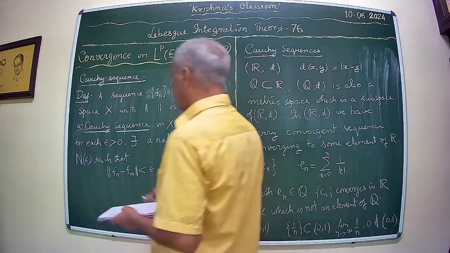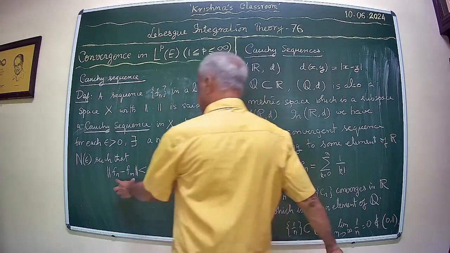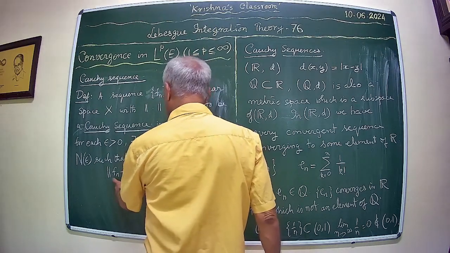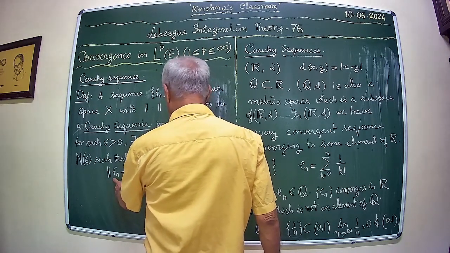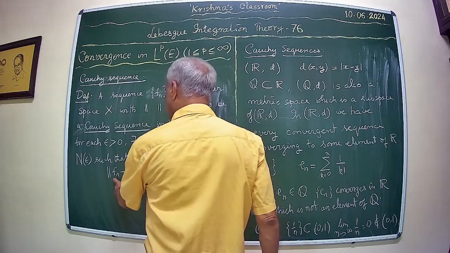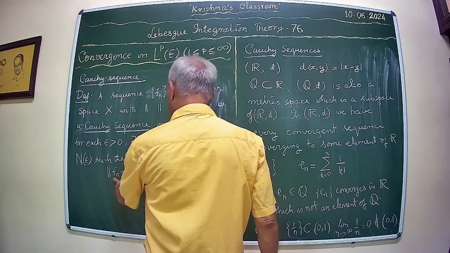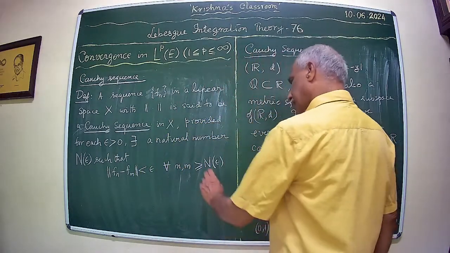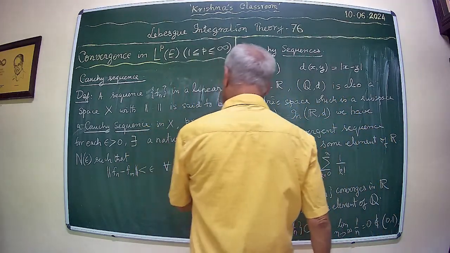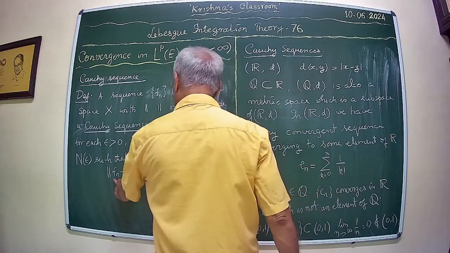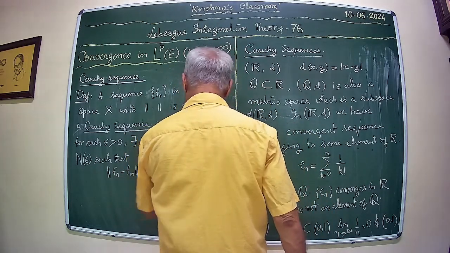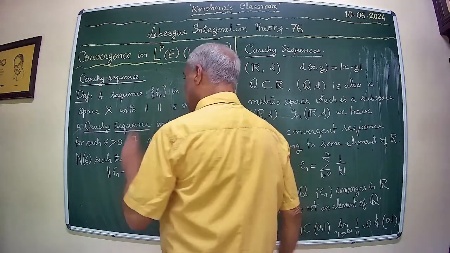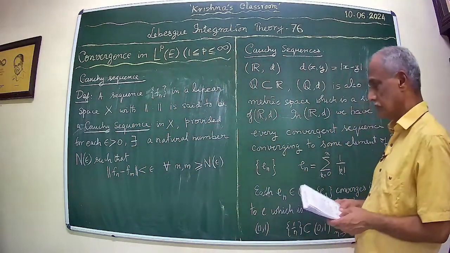Now this is the definition of a Cauchy sequence, which says that from some stage onwards, the distance between two elements can be made arbitrarily small. So given any epsilon positive, you can find a corresponding N such that for all n and m greater than this N, the distance from f_n to f_m is less than epsilon.